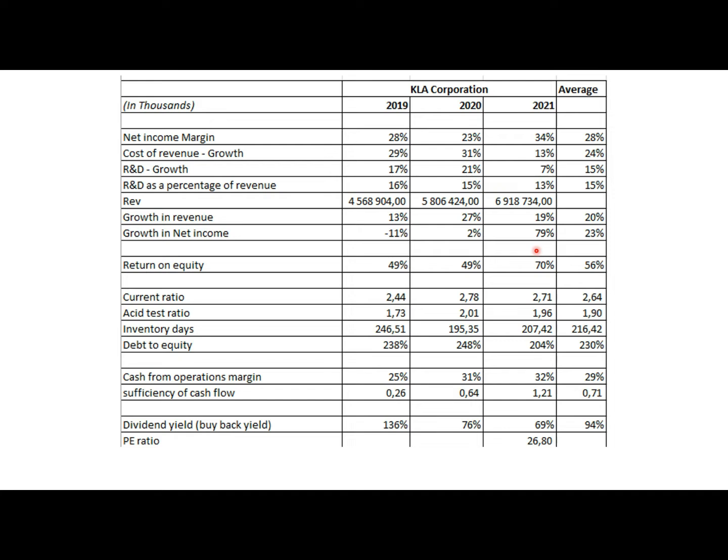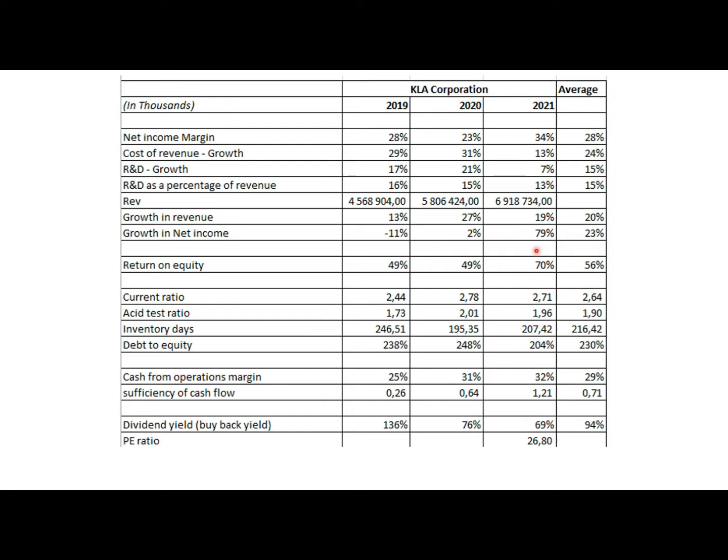Okay, now cost control, as we discussed, was basically a response to protect margins from the deadly effects of COVID. Now, the ROE, the return on equity, is above the industry average. Industry average is about 53%.